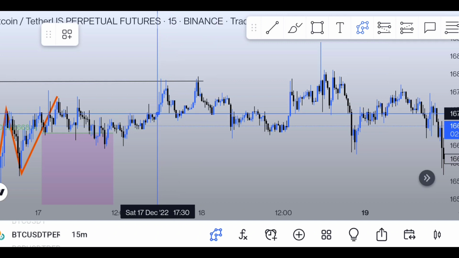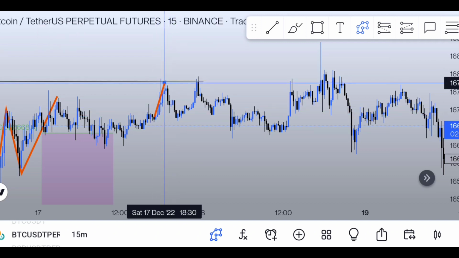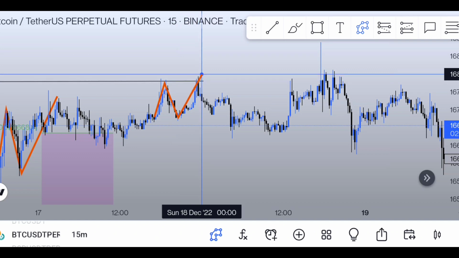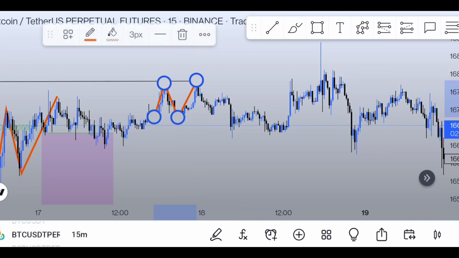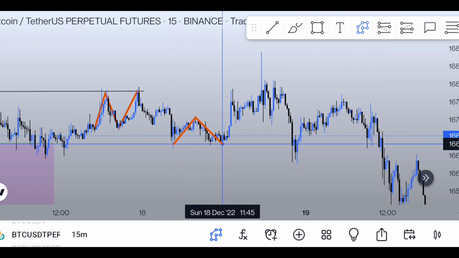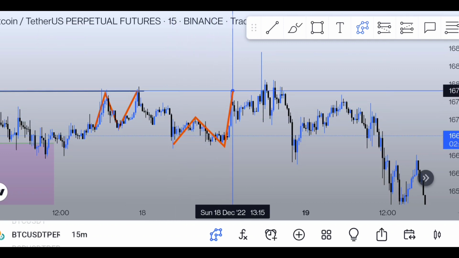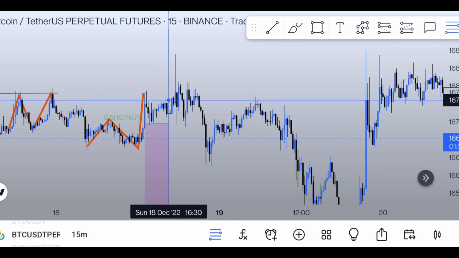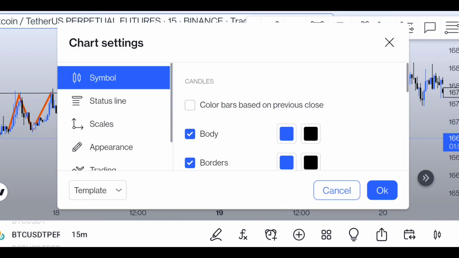Now see, here our structure is not applicable because it pumped, came down, but didn't close above this. It has to close above this, then our structure will be applicable. See here, it pumped, it came down, now pumped again, okay. What you do is you draw the 0.5 fib level from this point to this point, okay.